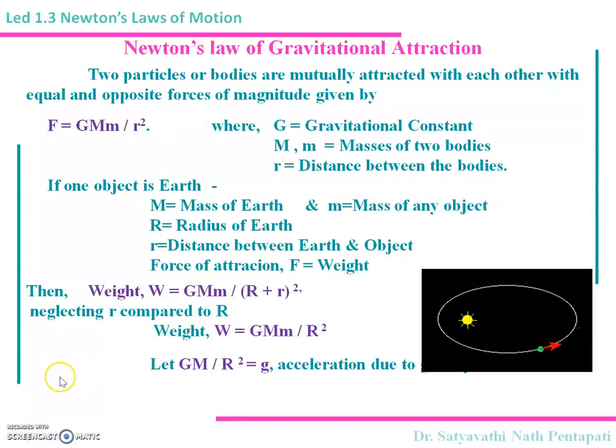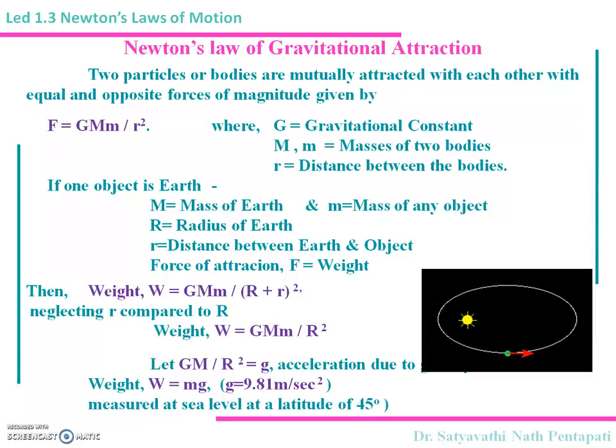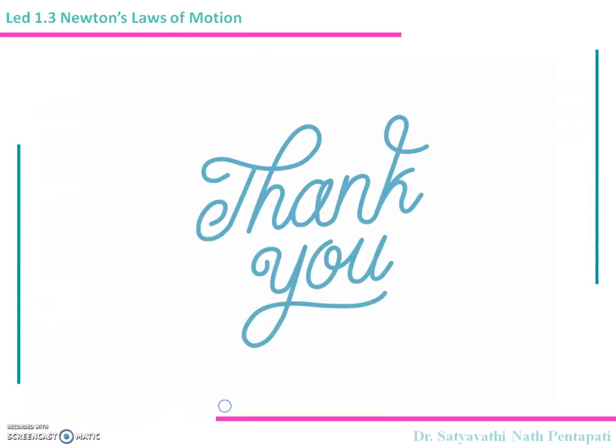Then the expression for weight becomes W equals small m into g, where g is equal to 9.81 meter per second square. This value of g is measured at sea level at a latitude of 45 degrees.